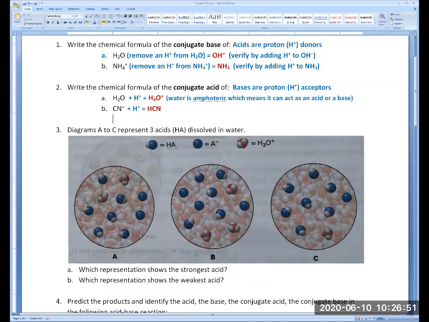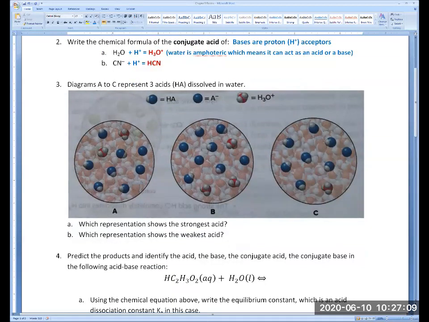Let's look at problem 3. I took this image from your book, and it doesn't look great because we see what's in the back of the page. I hope you see the drawings clearly enough. These diagrams represent 3 acids, and the generic formula for an acid is HA, right?